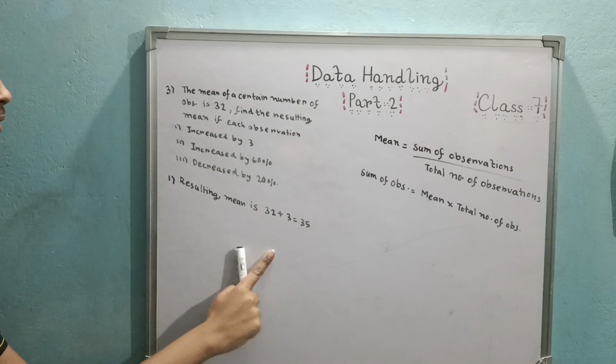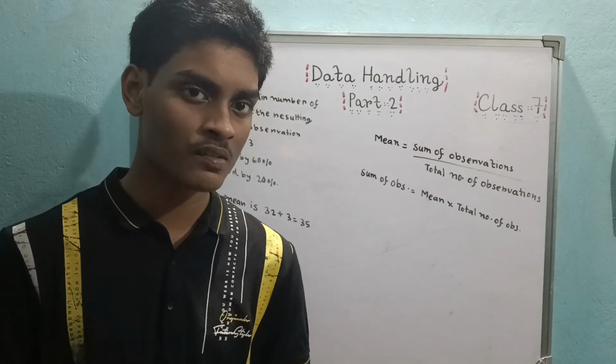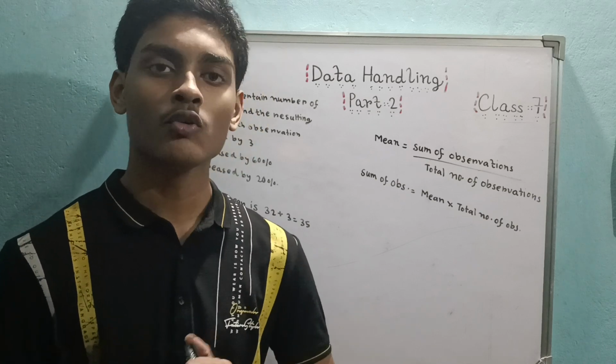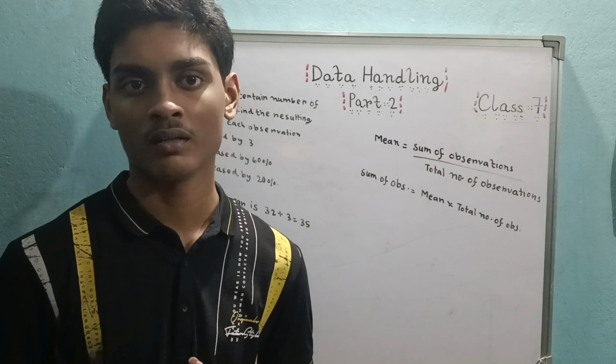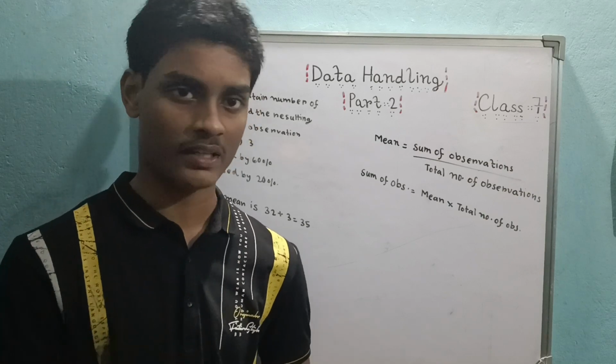I am just giving you that example of natural numbers. The mean of the first 5 natural numbers is 15 by 5, 3. Keep it on one side. Now you add 3 to each of the natural numbers. Then they become 4, 5, 6, 7, 8.